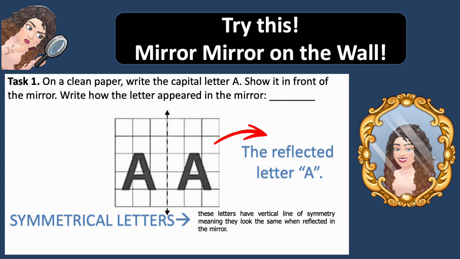Because the left and the right sides of A are identical, swapping them still results in the original and recognizable letter A. And aside from letter A, we also have different letters being considered as symmetrical letters. Letter A, H, I, M, O, T, U, V, W, X.